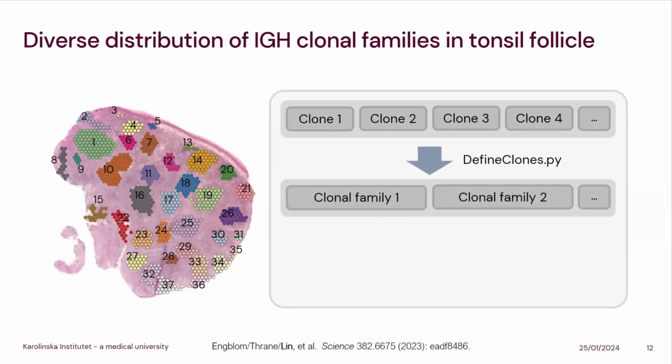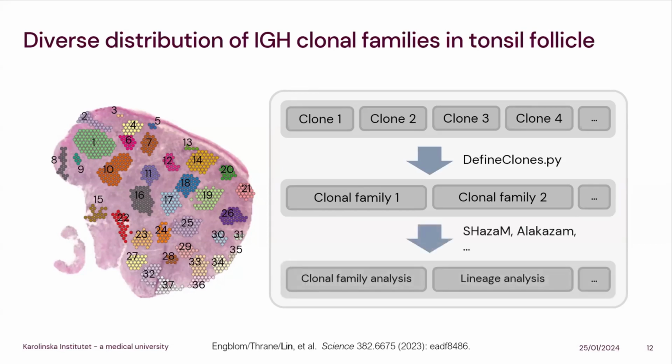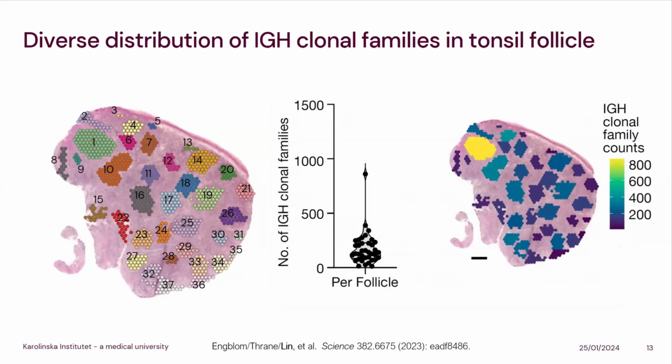We use the defined clone to group the clones with similar CDR3 sequence into the clonal family. And we use Shazam and Alakazam, among other tools and pipelines, for the clonal family analysis and the lineage analysis. So how many clonal families do we have from the spatial?